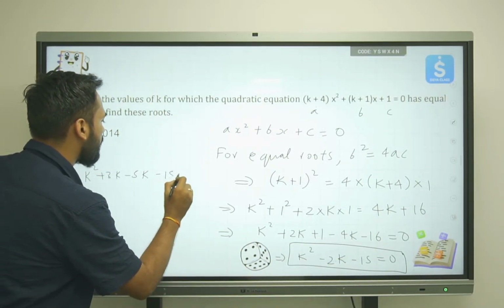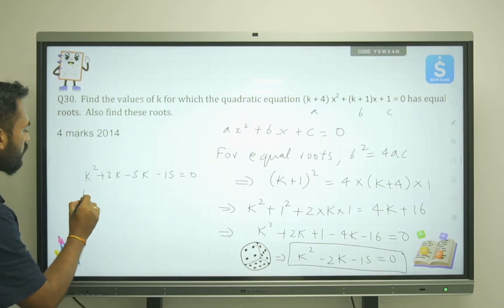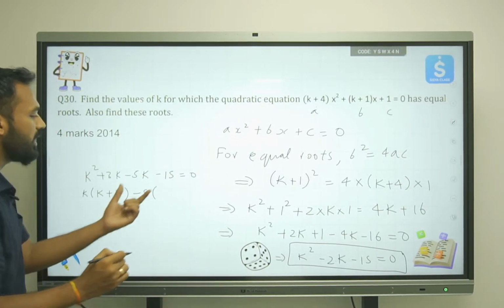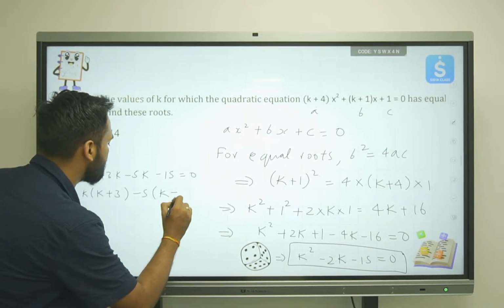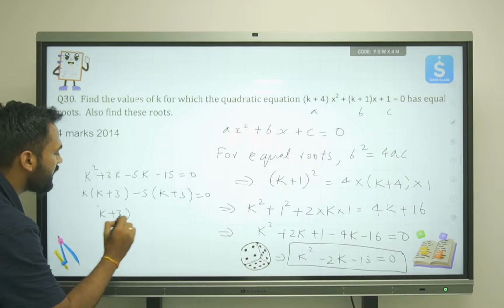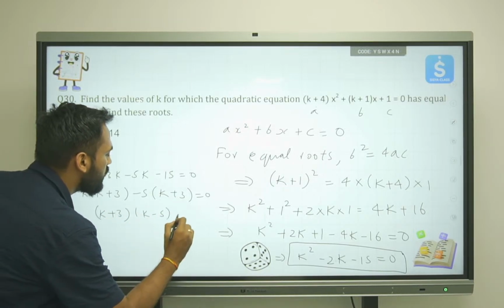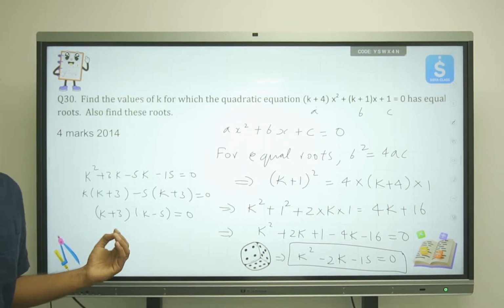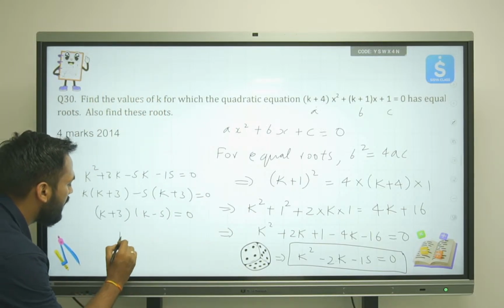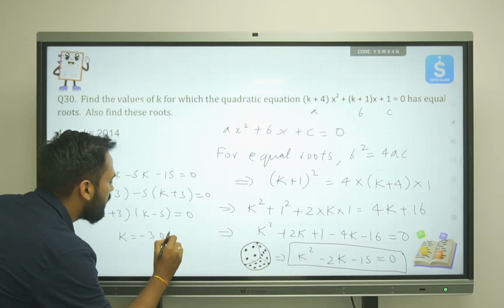Let me take k common out of the first two terms, I'll get k times k plus 3, minus 5 common from the last two terms, I will be left with k plus 3 over here, and I'll finally write k plus 3 times k minus 5 is equal to 0. Using the zero product rule, you will get the two values of k, which are k equal to minus 3 or k equal to 5.